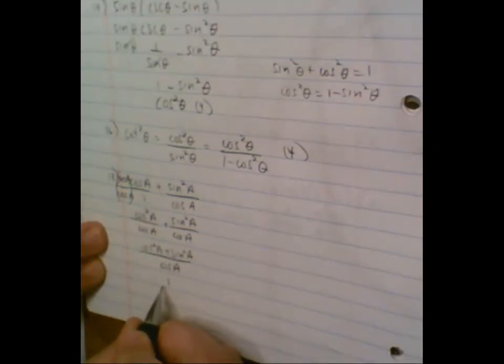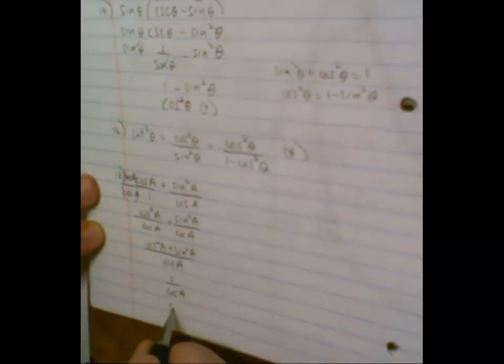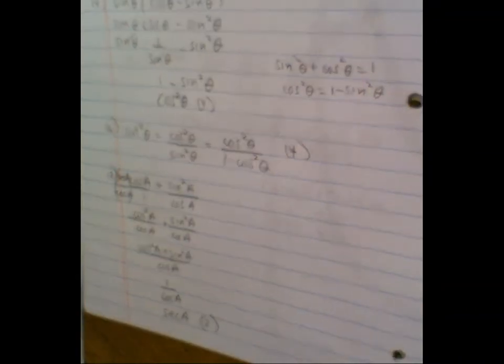So we have 1 over cosine A. 1 over cosine A is equal to secant A, which is choice number 2.